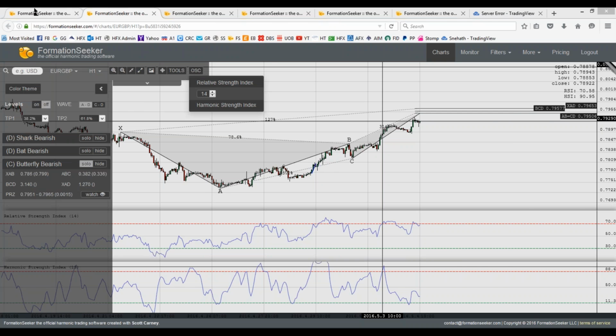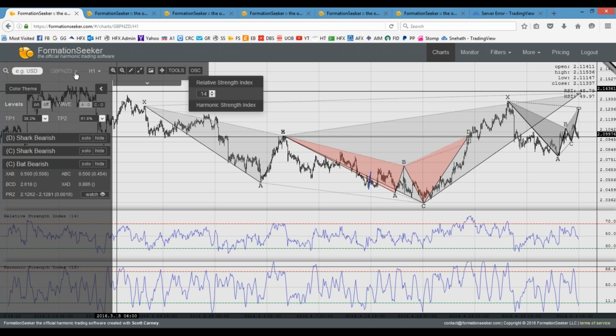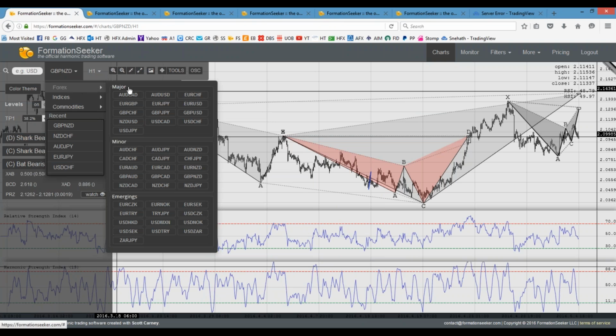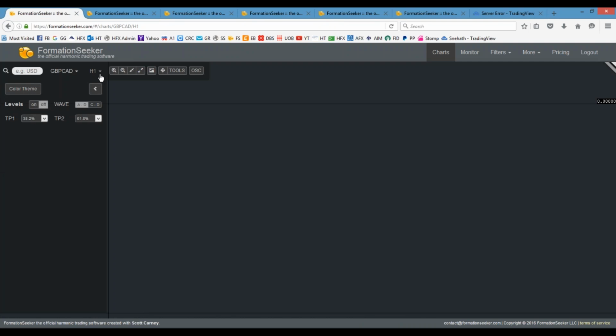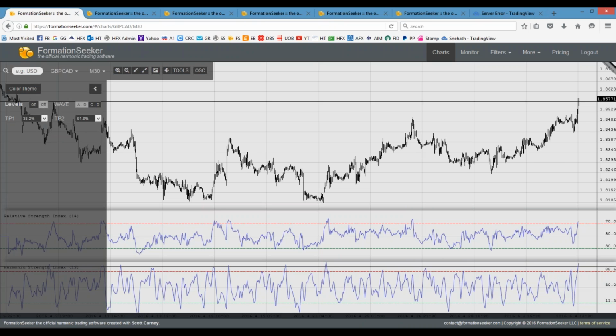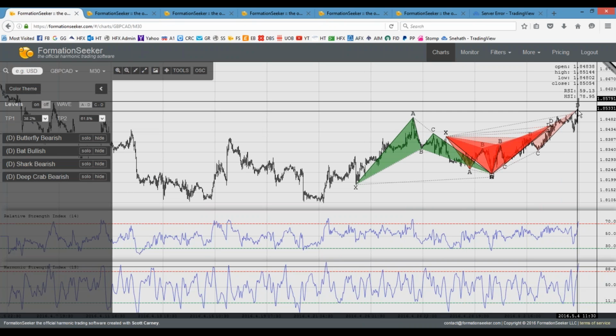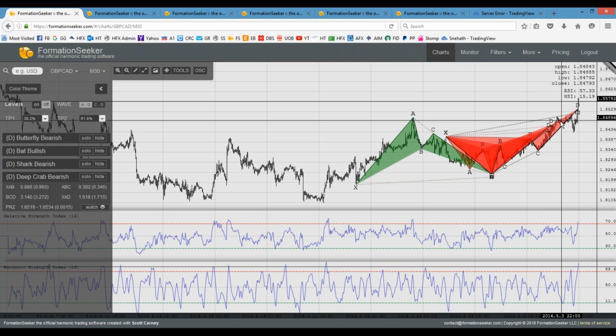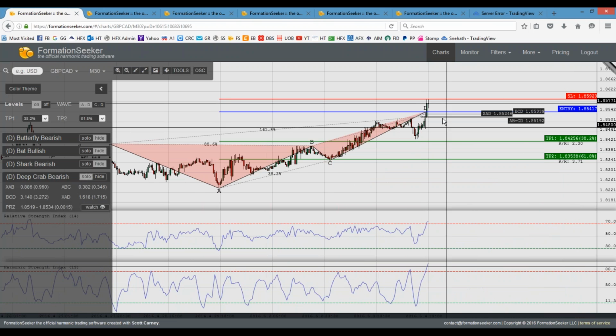So going back, if I can pull out that pound Canadian example, in fact that was on a 30-minute chart. Here you would see that I know that this is the trade I'm looking at.